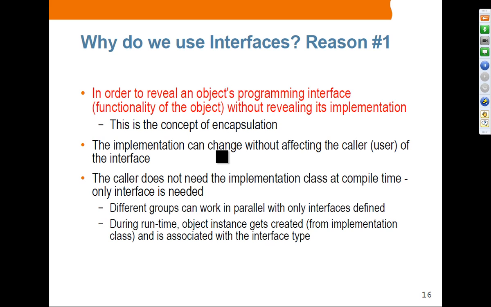Later on, during runtime, an object instance gets created from the implementation class of that interface, and it will be associated with the interface type. I'll talk about what that means in a few minutes in detail. So this is reason number one, encapsulation: the implementation detail is hidden from the user of that interface, and they can work together in parallel without having the implementation class.